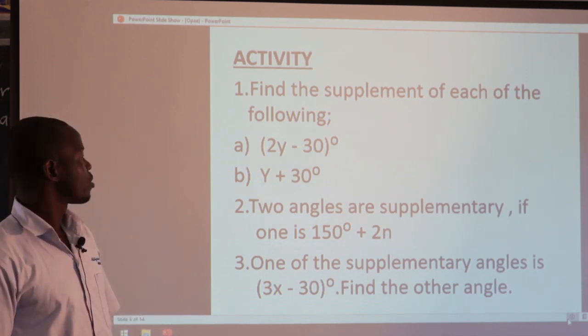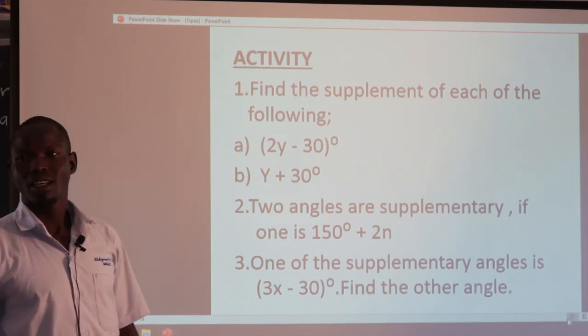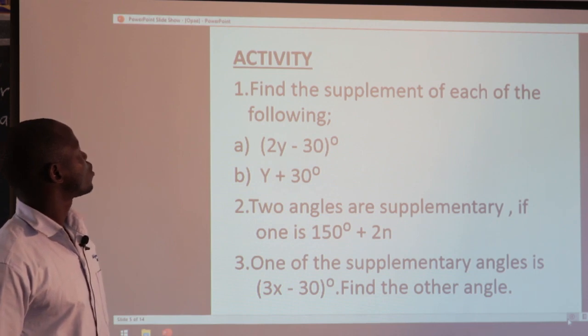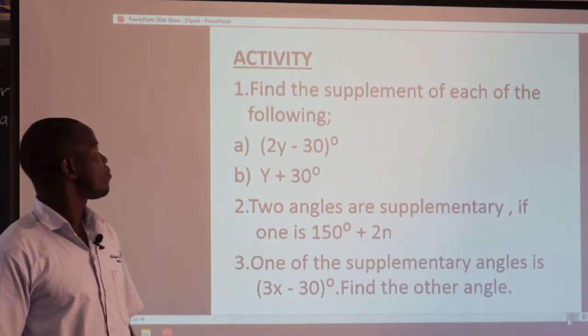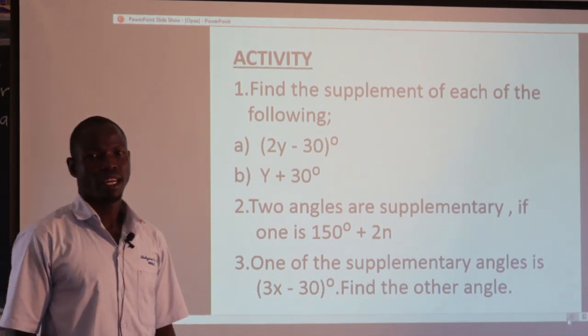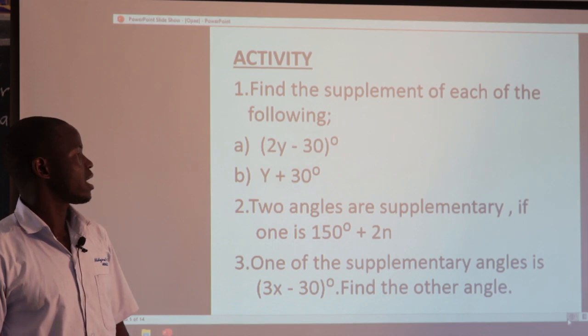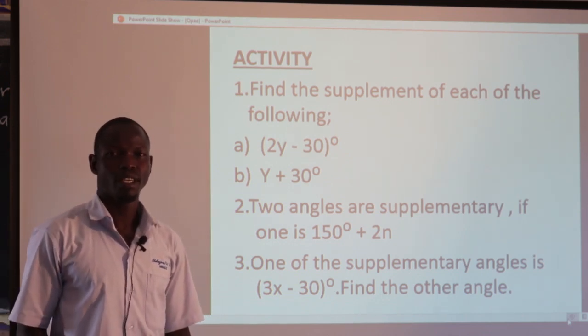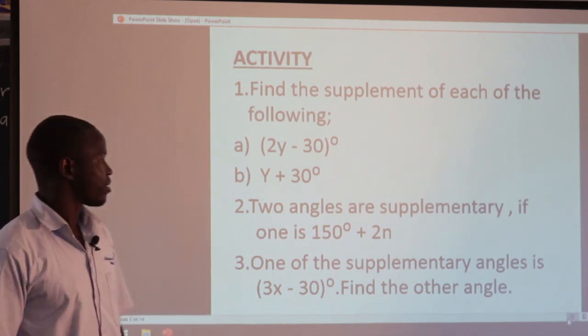I have given you questions. Question 1, 1A, 1B. Question 1, we are saying, find the supplement of each of the following. A, into brackets, 2y minus 30 degrees. B, we are saying y plus 30 degrees.